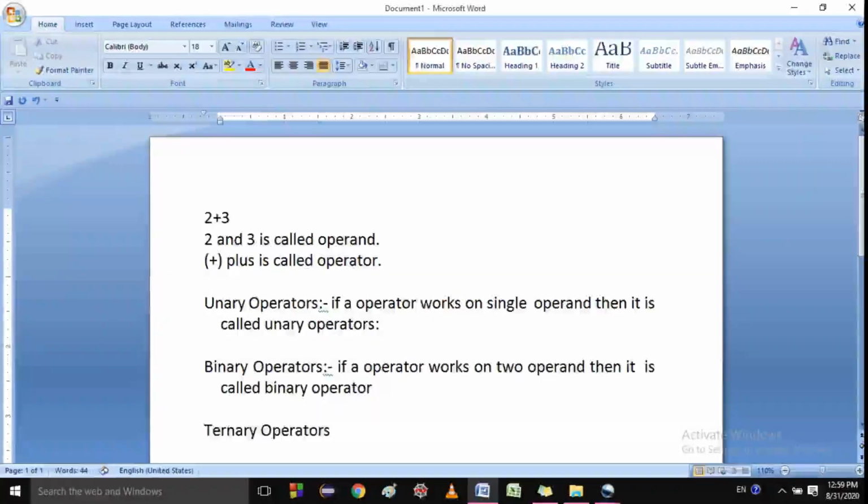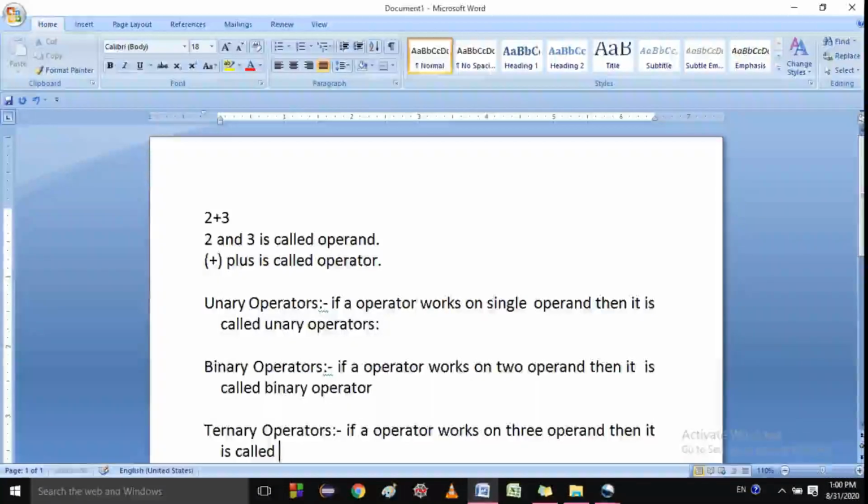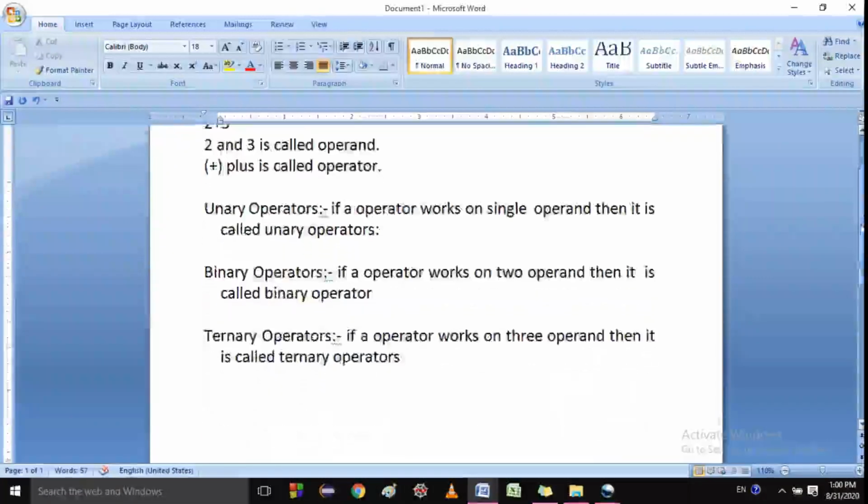Next one, ternary operator. If an operator works on three operands, then it is called a ternary operator. So these are the differences between these three terms: unary, binary, and ternary.